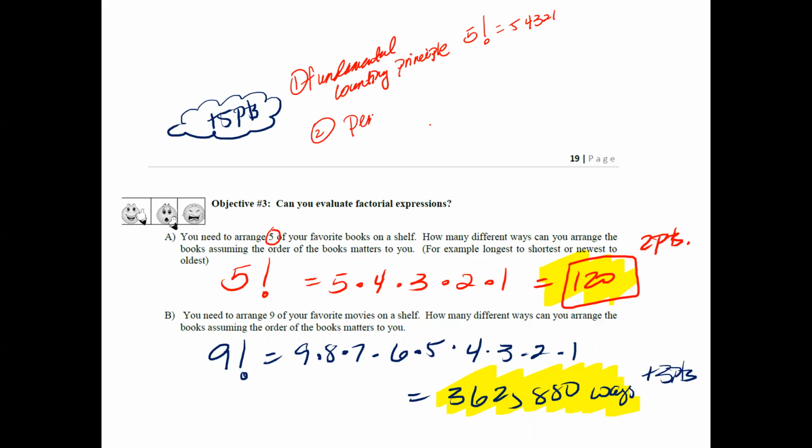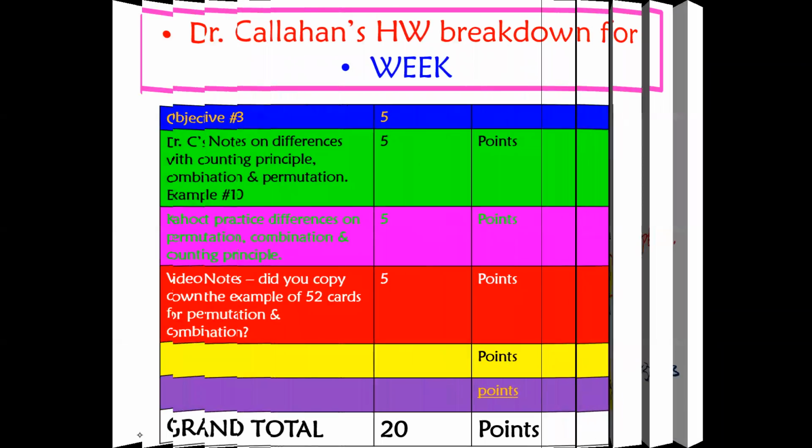Then we talked about permutation, and this one is when order matters. Third one we talked about is combination, or order does not matter. So those are the 3 things we talked about for Unit 2.